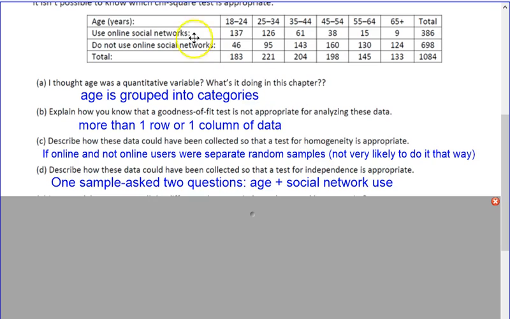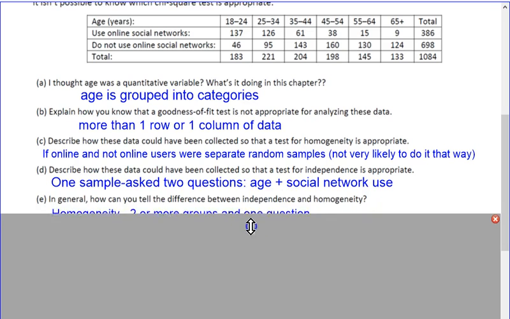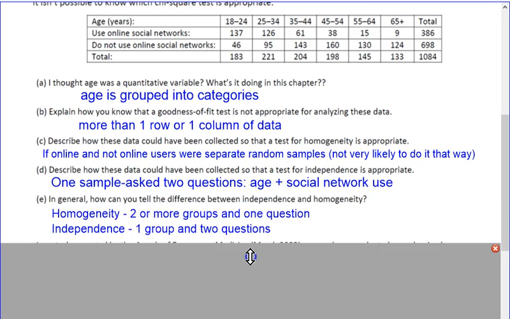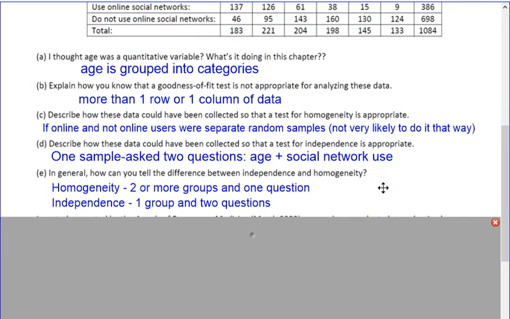Okay? Homogeneity, two separate samples, ask them one question, their age. One sample, ask them two questions, their age and their social network use. That's the difference between independence and homogeneity. In general, that's what I just said, okay? Homogeneity, two or more groups and one question. Independence, one group and two questions.